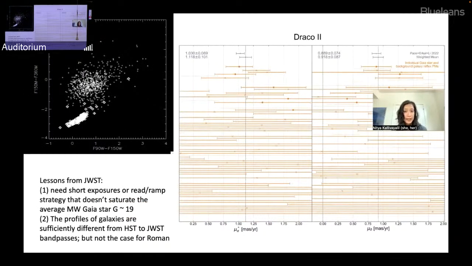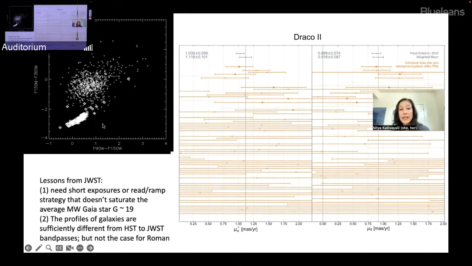Because we were not finding that many Gaia stars, we attempted to add galaxies as well, to see if we could improve on our precision. What's great about the JWST filters is that a combination of short and long filters very efficaciously separates stellar sources from more extended sources, so galaxies in this cloud and stars in this cloud.